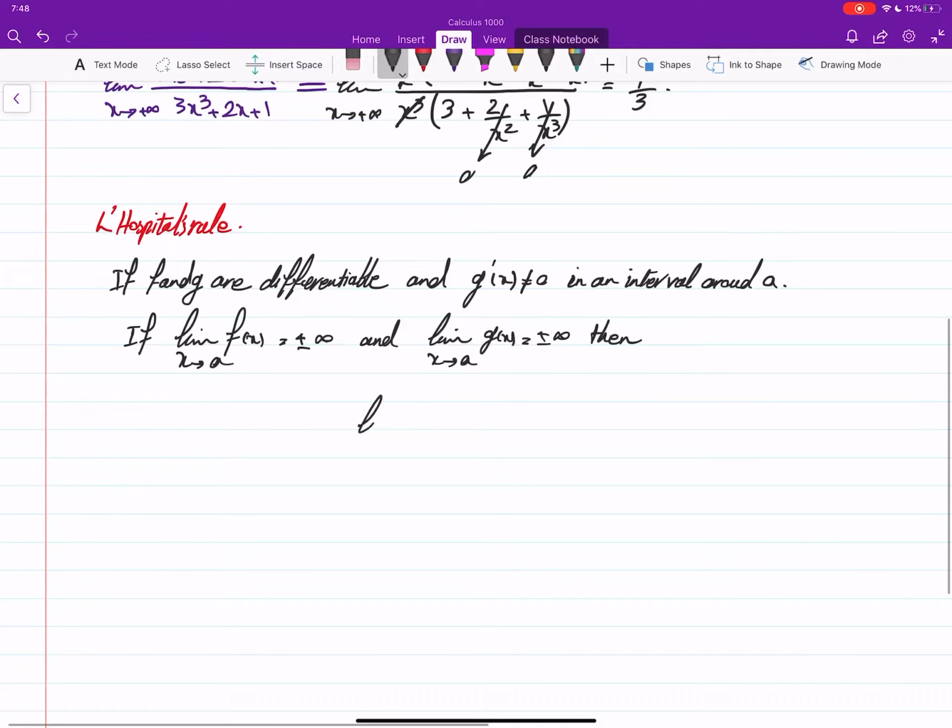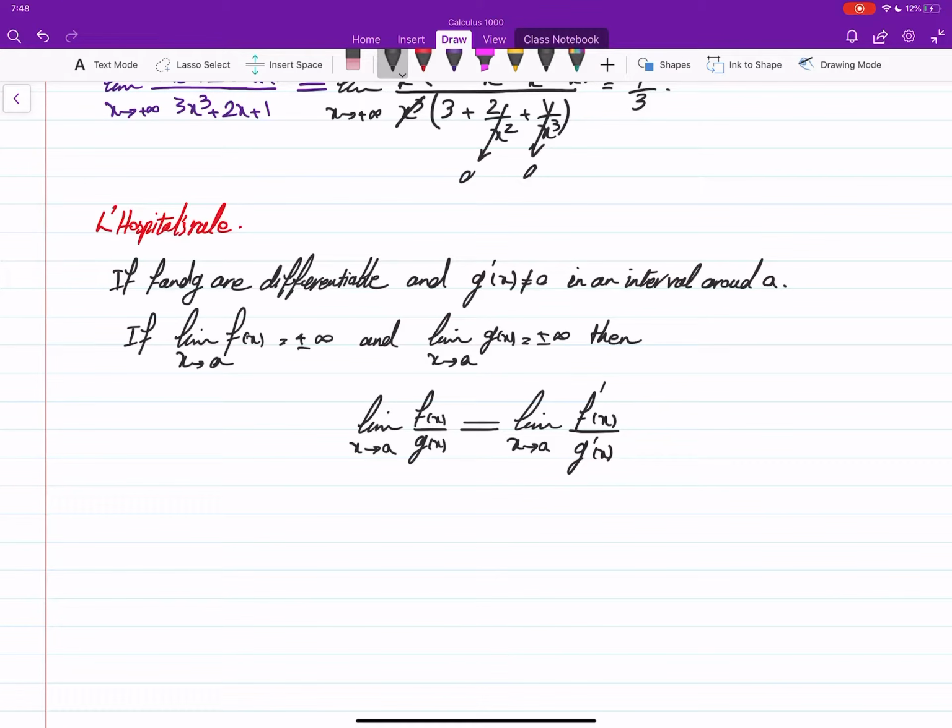Yes, the limit of f of x over g of x as x approaches a will be equal to the limit of a new function, which in the numerator has f prime, the derivative of the numerator, and in the denominator has the derivative of the denominator.